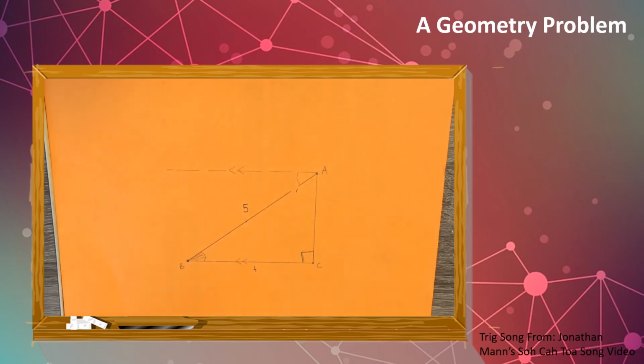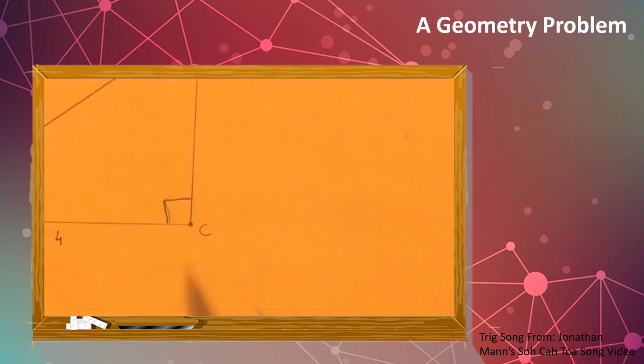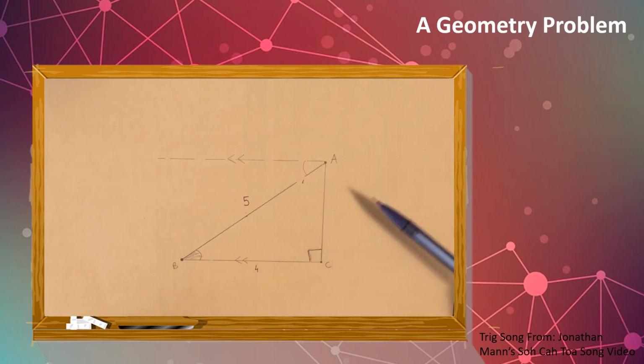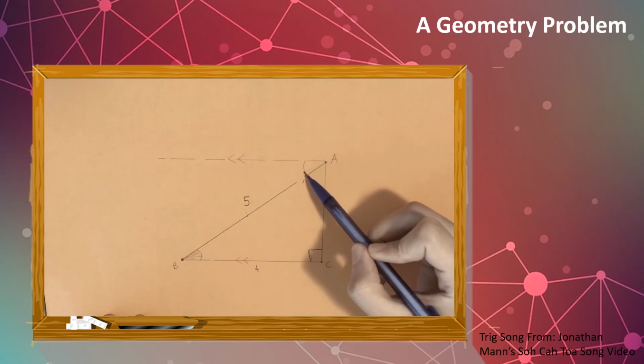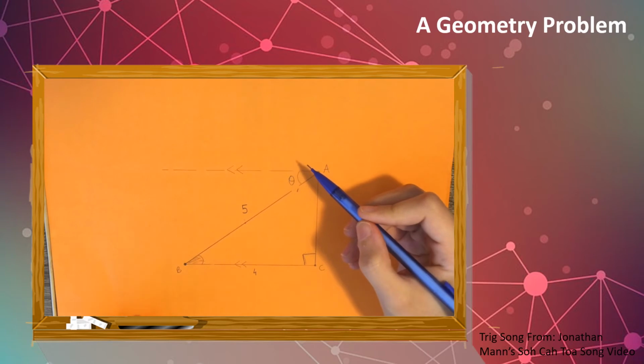Now we have the theorem proved. Let's solve this question. So there's the ABC triangle, and it is a right triangle. The question is asking us to find the measure of this angle, which we will be calling theta 1.